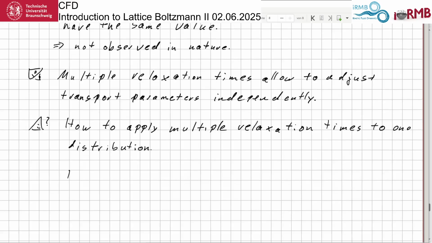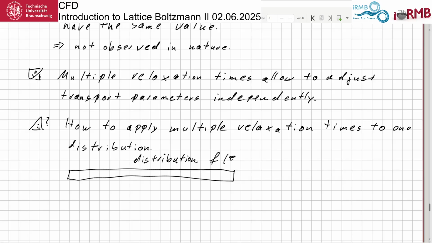And the way we can think about this, and there is no unique solution to this, which is a big problem, we have here our distribution, that is a function f of the microscopic velocity c, and this has somehow to be transformed into, now we use our moments, and in these moments we have a few conserved moments.